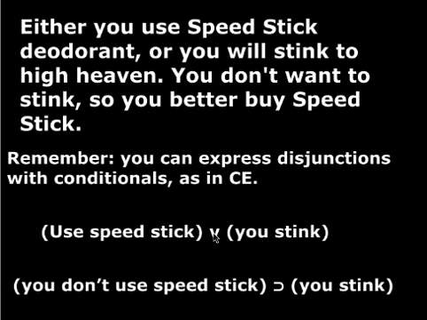Suppose that really a true disjunction would be either you use Speed Stick or you stink, or you use deodorant brand X. Right? There's another brand of deodorant which you could use, and you wouldn't stink and you wouldn't be using Speed Stick. So there's a third option. Well, if that's true, then this conditional doesn't hold, right? It's no longer the case that if you don't use Speed Stick, you'll stink. Why? Because maybe you're using brand X deodorant.